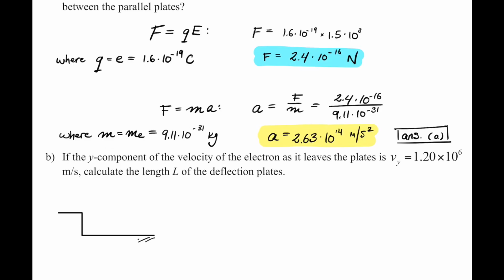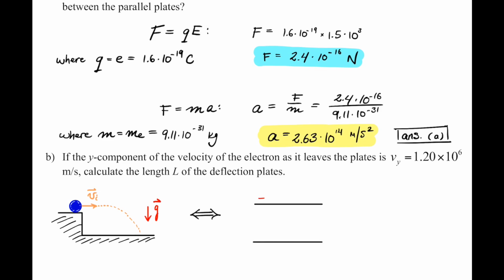I'd like to make an analogy here for what the electron experiences while it is between the two parallel plates. Imagine a ball coming off of a ledge with some initial horizontal velocity. It will fall with a parabolic trajectory due to its presence in a gravitational field. The acceleration it will experience is the acceleration due to gravity. Consider how similar this will be to what the electron experiences between the plates.